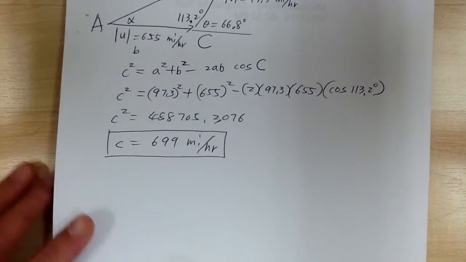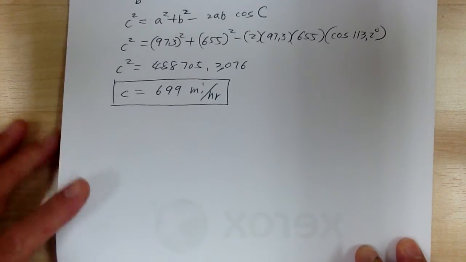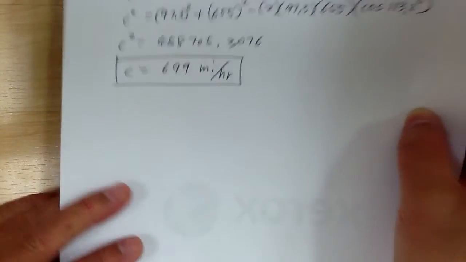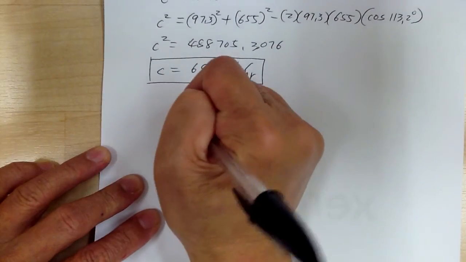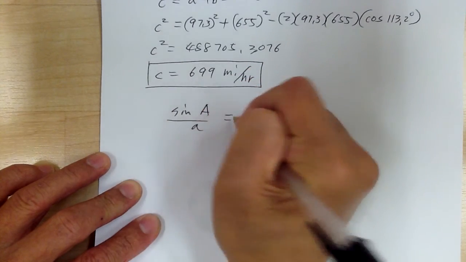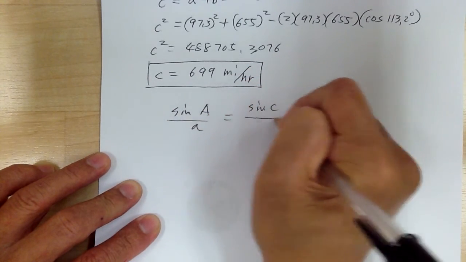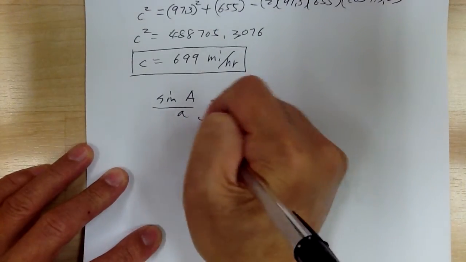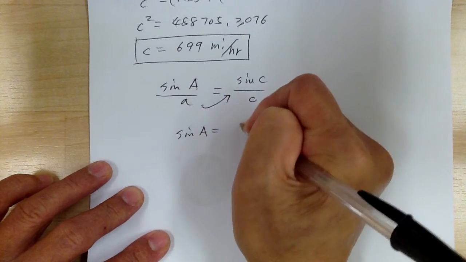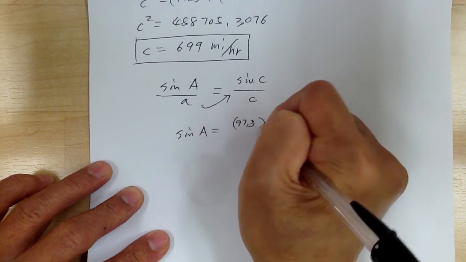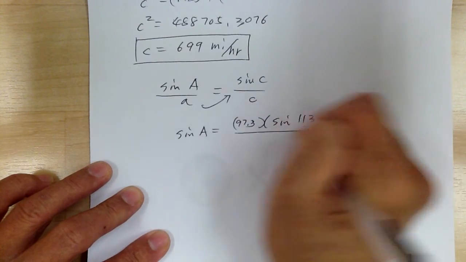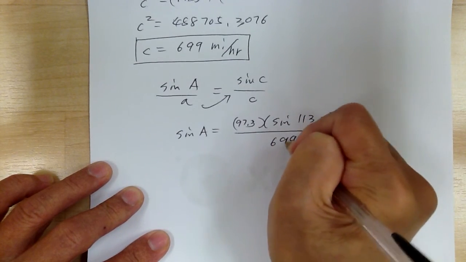Now to find the angle A, to find alpha, you can use the law of sine. So use sine A over a equal to sine C over c, and move this over. So sine A equal to 97.3 times sine of 113.2 degrees divided by 699.